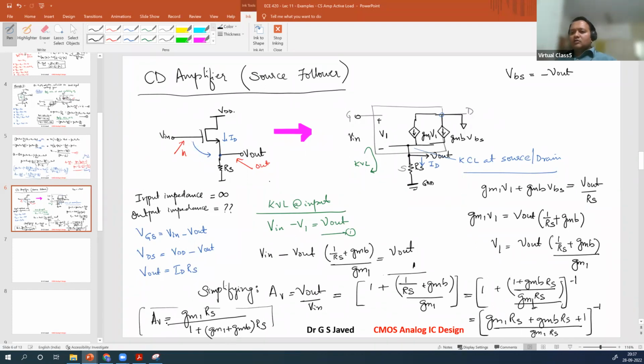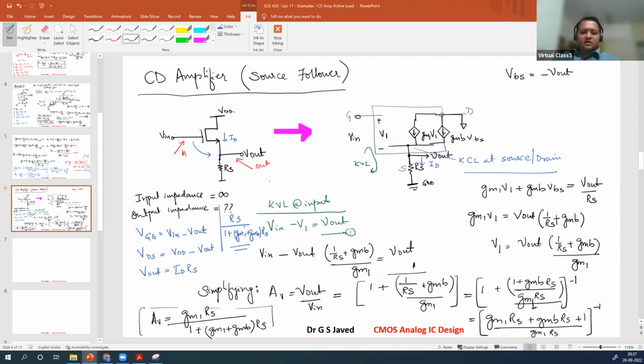So this is gm1 times Ro. Ro is the output impedance. So that output impedance here, you can write it as RS divided by 1 plus gm RS, if it is not connected, or it will be 1 over (gm1 plus gmb) times RS.